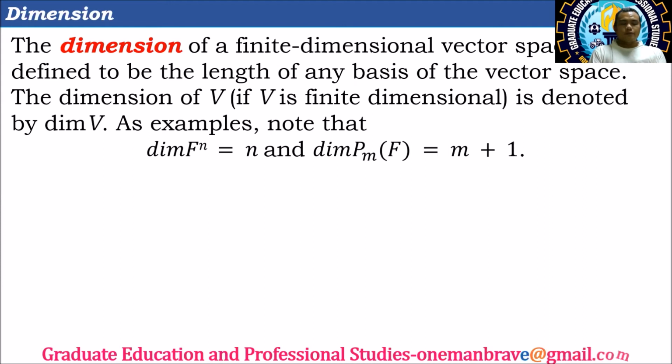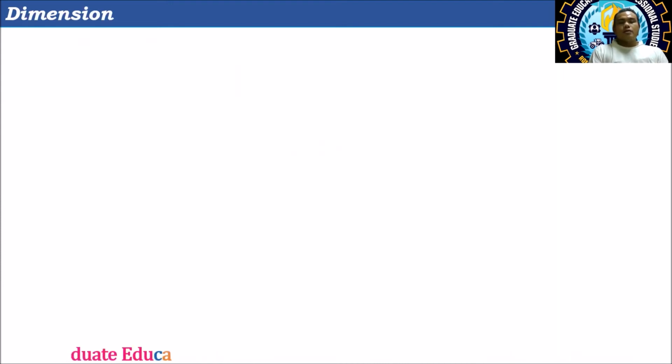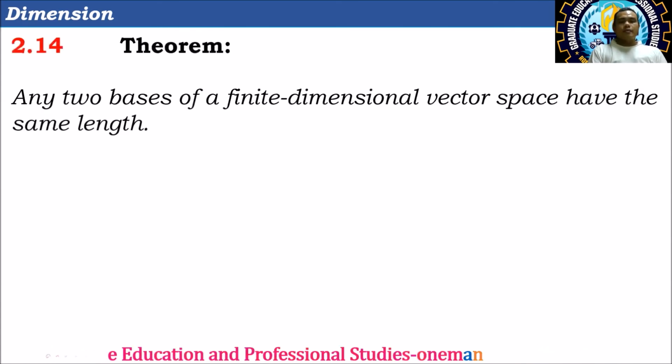It also tells us that any two bases of a finite dimensional vector space have the same length. Again, any two bases of a finite dimensional vector space have the same length.